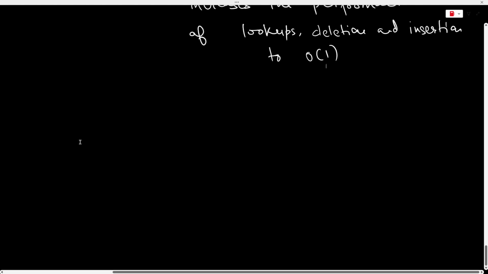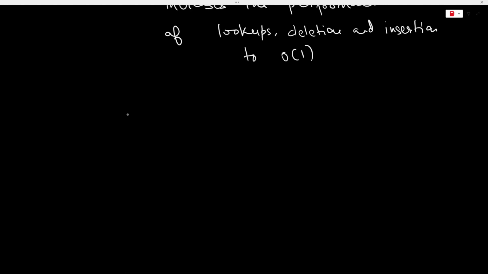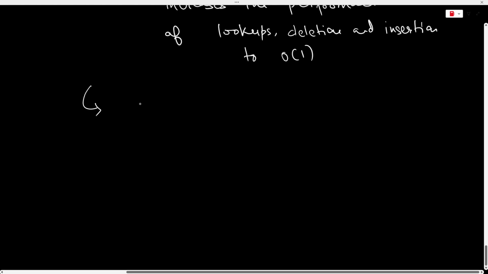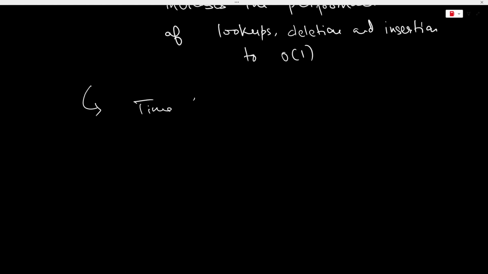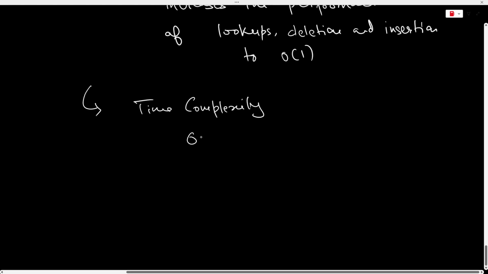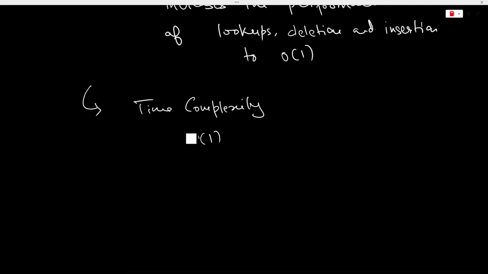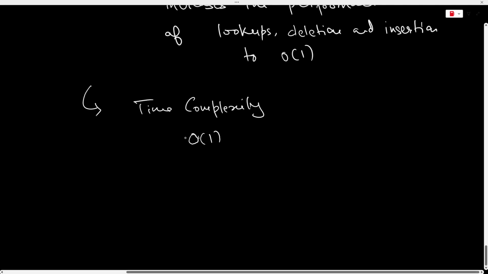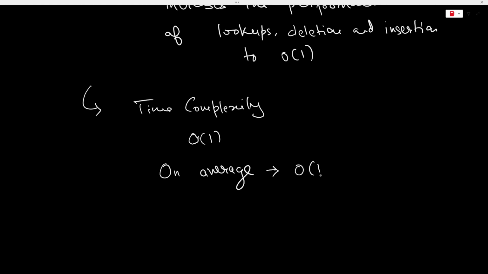So as you can see, since it's a little complicated, the way it's implemented behind the scenes, our time complexity is not simply O(1) for the mentioned three operations, but on average it's O(1).